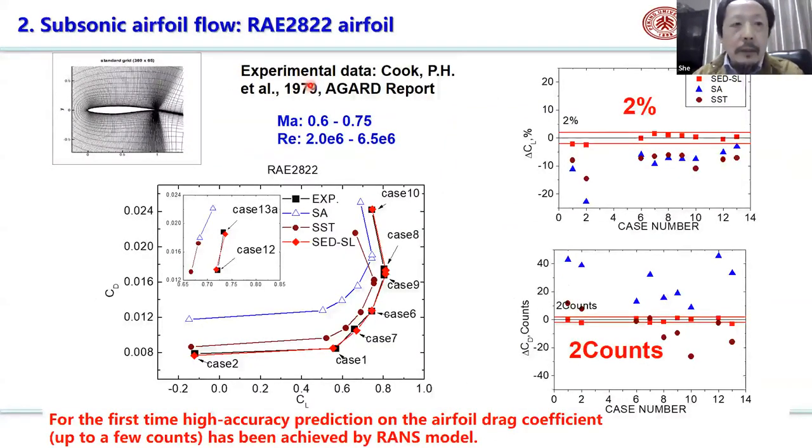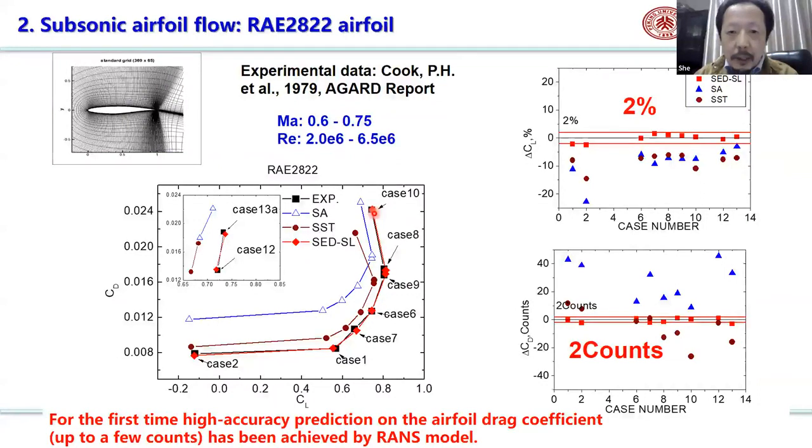Now let's look at the other subsonic airfoil flow, the so-called RAE 2822. There are different cases. This is a plot of the so-called polar curve, with the lift coefficient horizontally and the drag coefficient vertically.